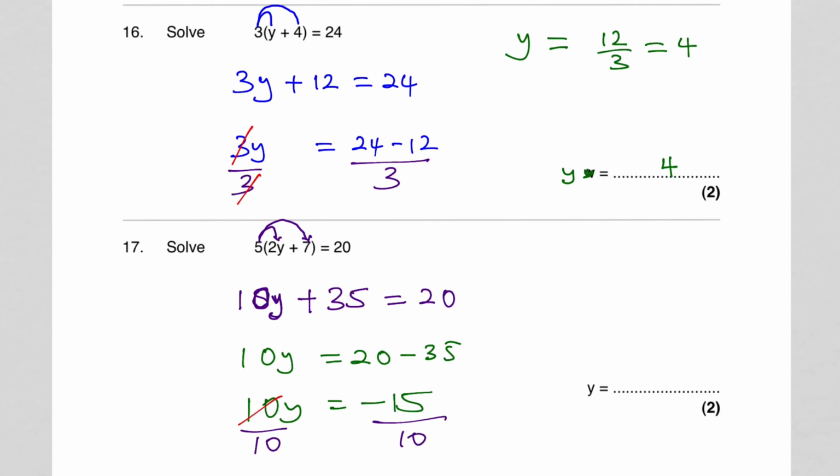Hence, the 10 will cancel out. And that will leave me with y equals minus 15 over 10, which equals minus 1.5. So this is minus 1.5.